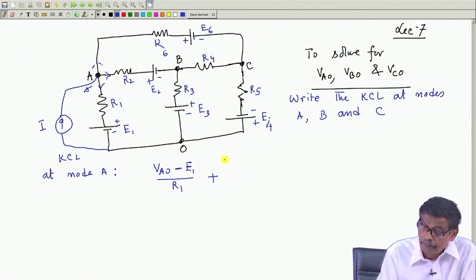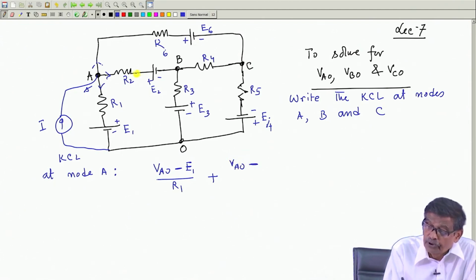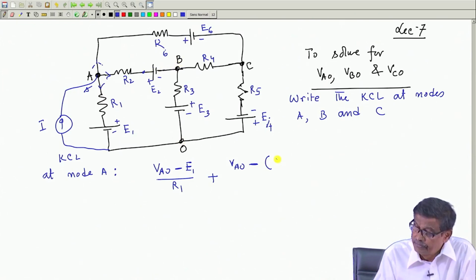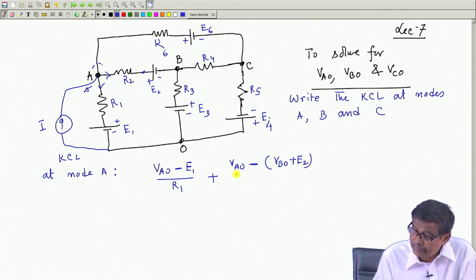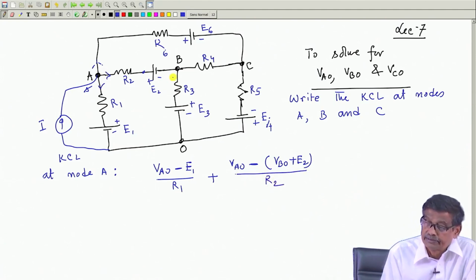This is VAO minus the potential of this point with respect to O, which in terms of VBO is VBO plus E2, so VAO minus VBO minus E2, and that divided by R2 will give me the current in this direction.